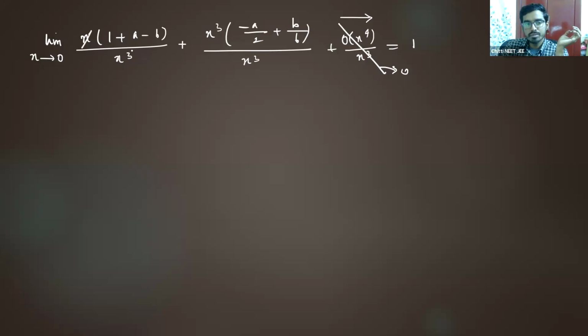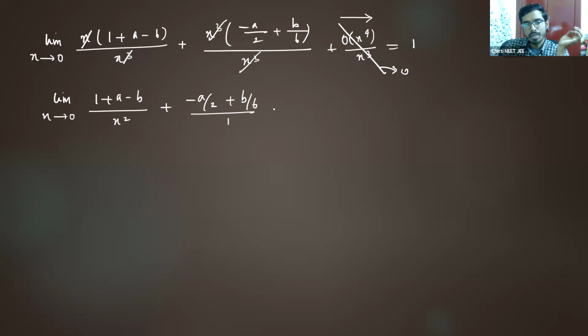Now we are left with limit x tending to 0, 1 plus a minus b by x square, plus, these two will get cancelled. So we have minus a by 2 plus b by 6 by 1 is equal to 1. Now, a very important step: we are given this limit is equal to 1, right?